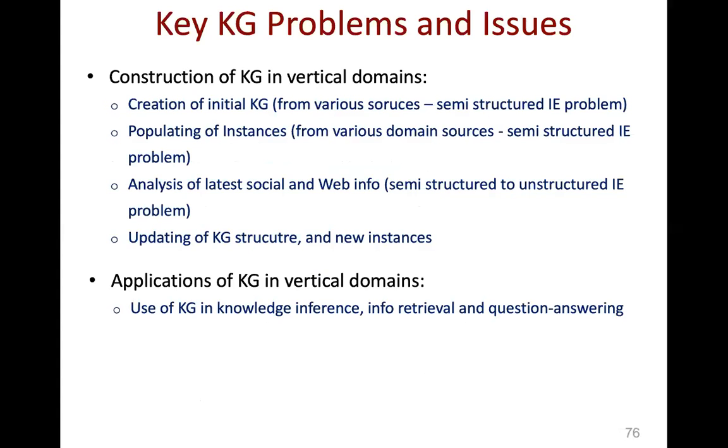You can also look at vertical domains. In particular domains, knowledge graphs can also be applied and used in knowledge inference and question answering. Basically, if you have some very narrow domain, you can build a knowledge graph that will help you establish a recommender system and really answer your questions.